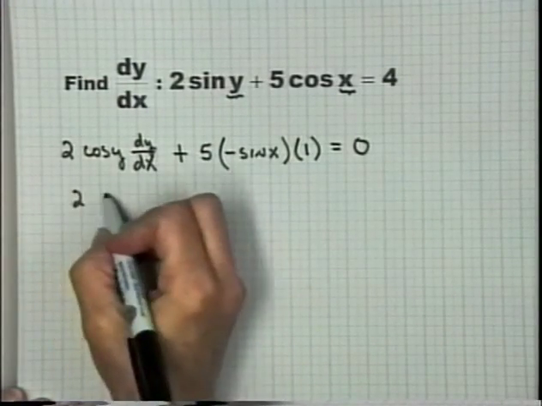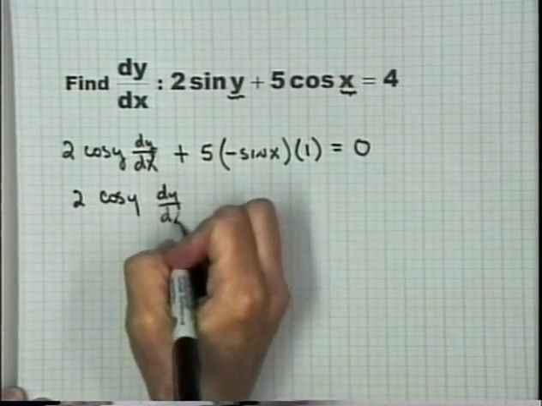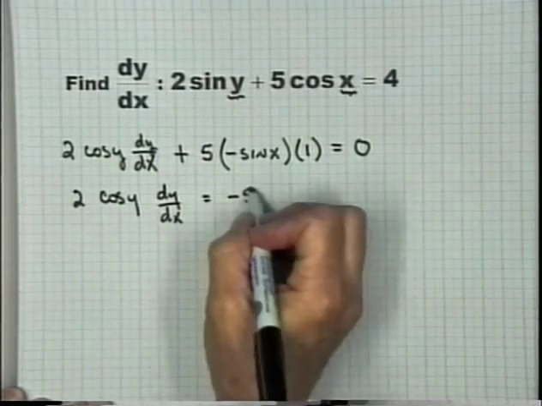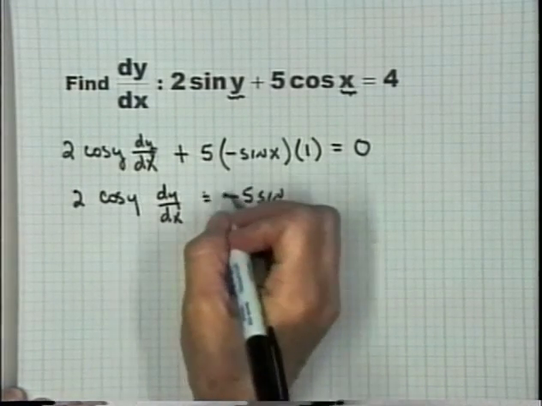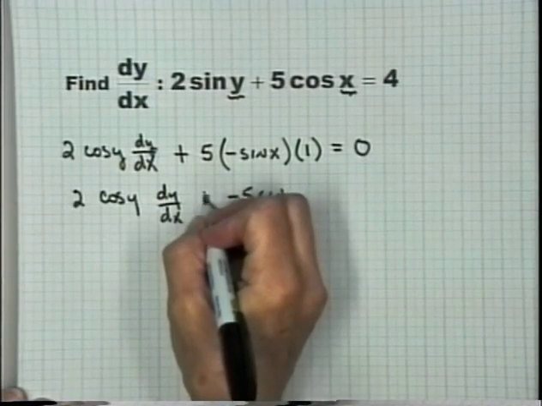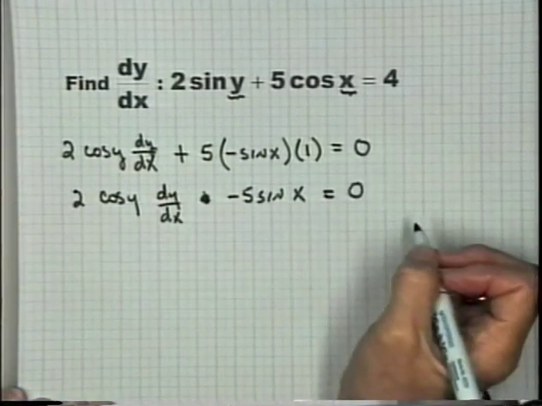So I have 2 times the cosine of y times dy/dx, minus 5 sine x, equals 0.